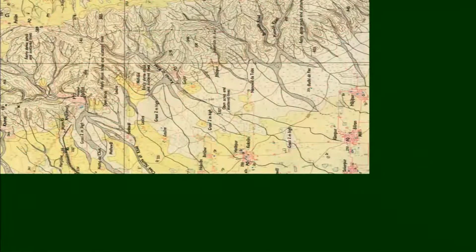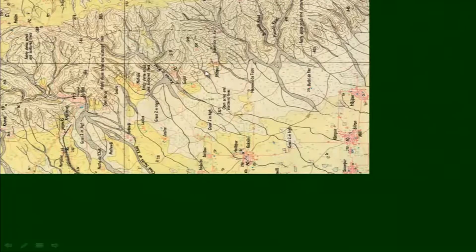Now, if you take the topographic map, this topographic map is from the Himalaya, a 1:50,000 map. One can easily identify the terrain in this region based on the contour spacing.